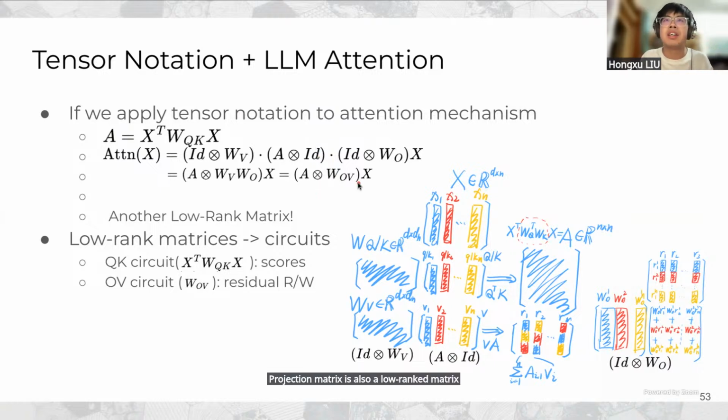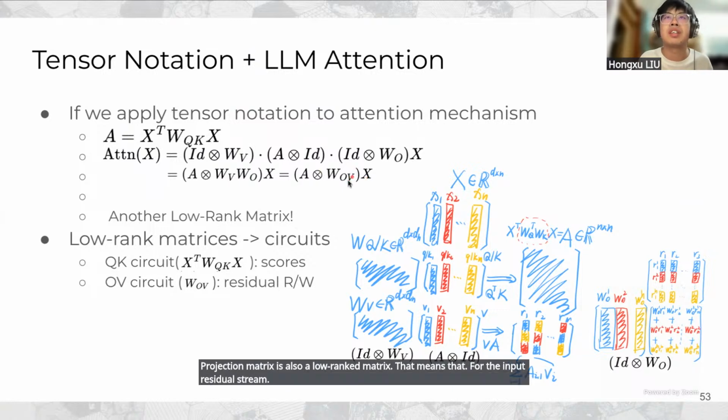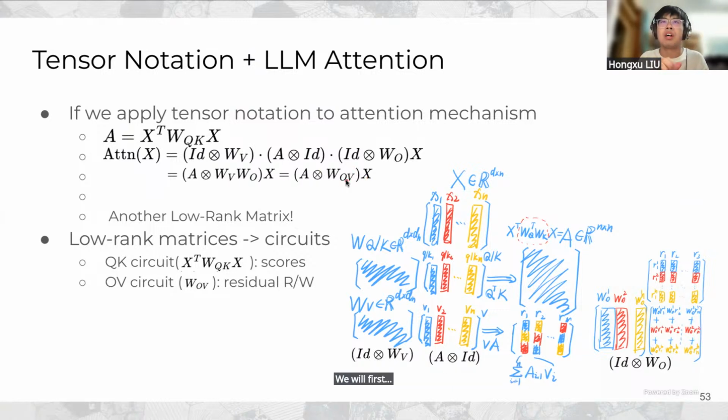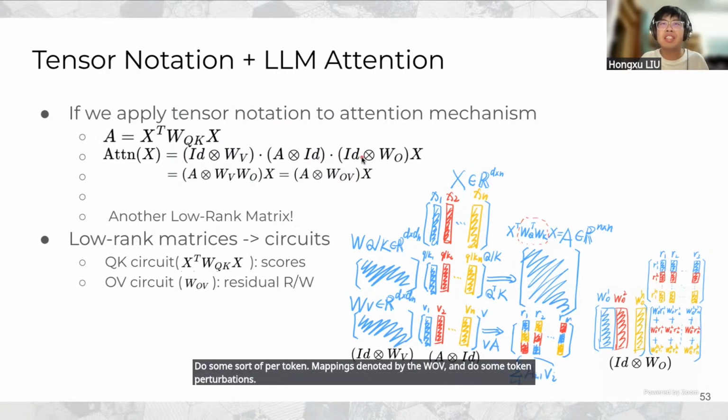That means that for the input residual stream, we will first do some per-token mappings denoted by the WOV, and do some token permutations.